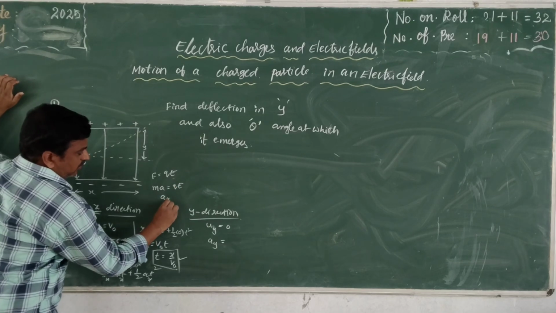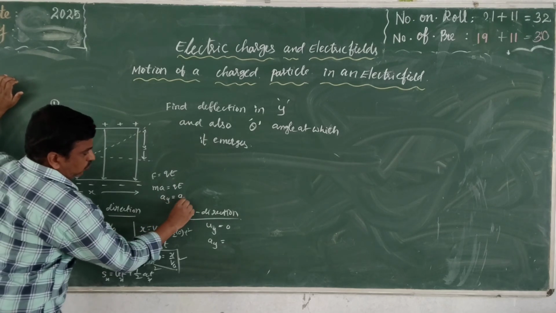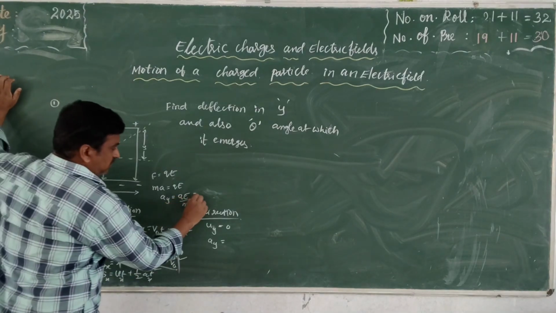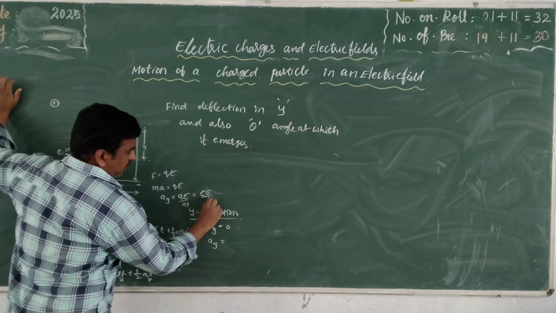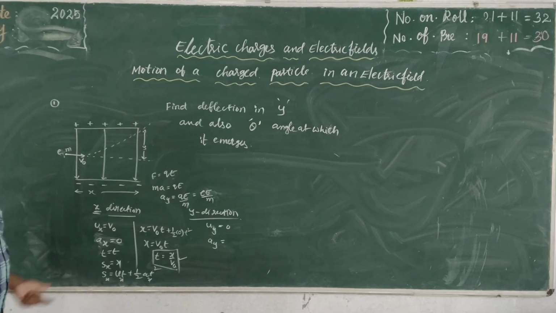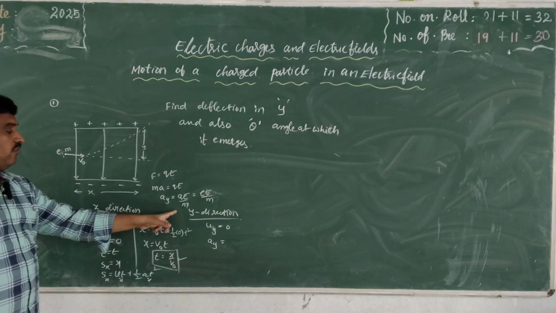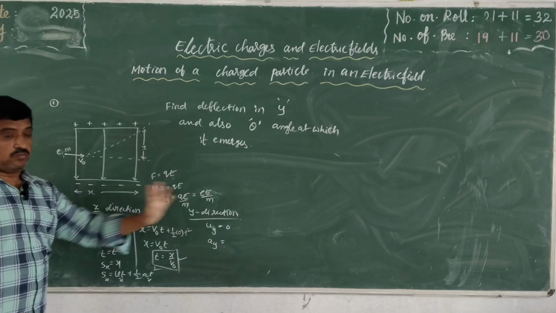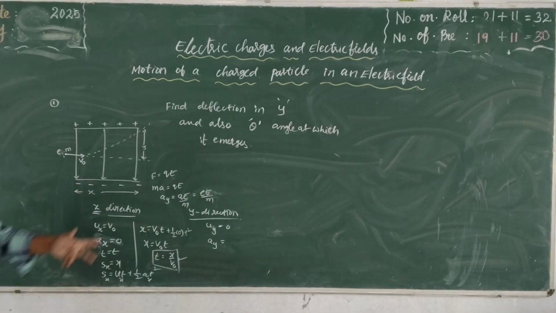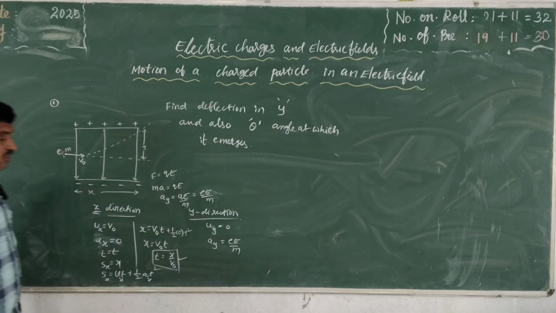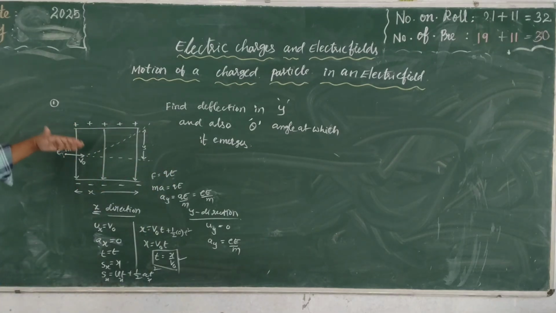So the acceleration along the y axis is QE by m. Here Q is the electron charge e, so ay equal to eE by m, and along the x axis it is 0. This eE by m is the acceleration of the charged particle when it is placed in the uniform electric field.